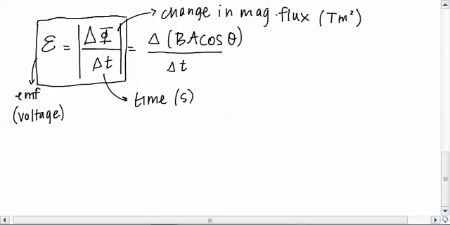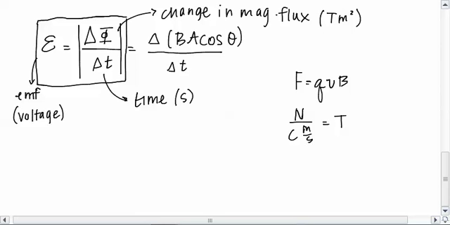Let's see. So if F is equal to QVB, that means that newtons divided by Coulomb meter per second is a Tesla. I just divided force by the charge and the speed.